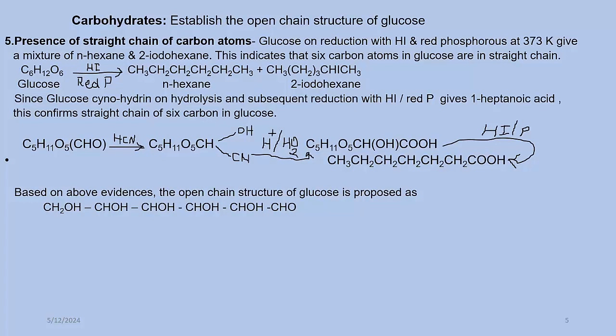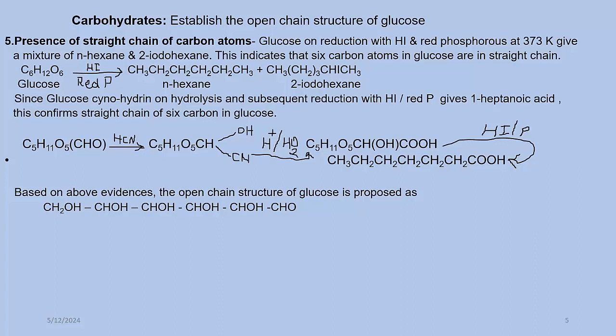Now we have established that in the glucose molecule, there is 1 aldehyde group, 1 primary alcoholic group, and altogether 5 OH groups, the 6 carbon atoms in glucose are present in a straight chain, and the formula of glucose is C6H12O6.